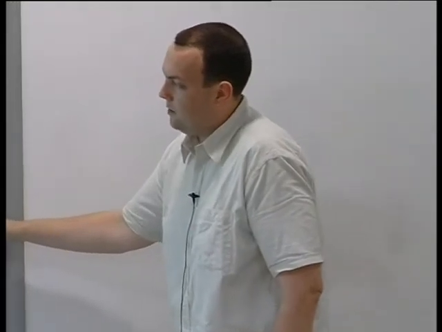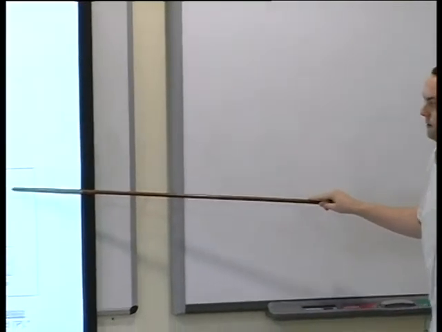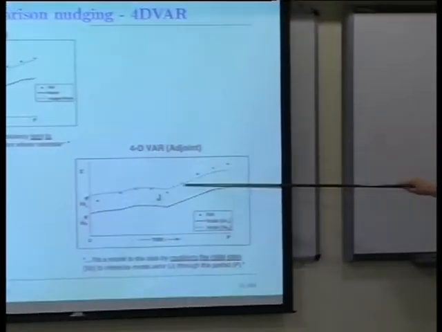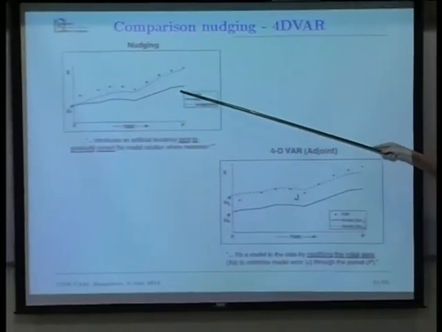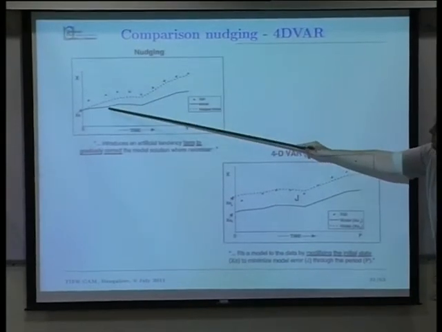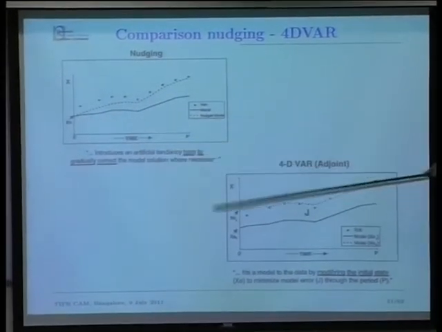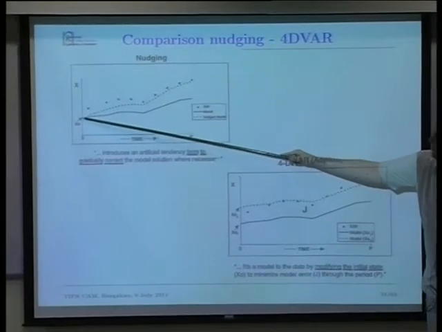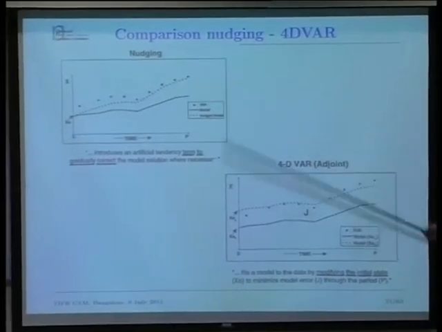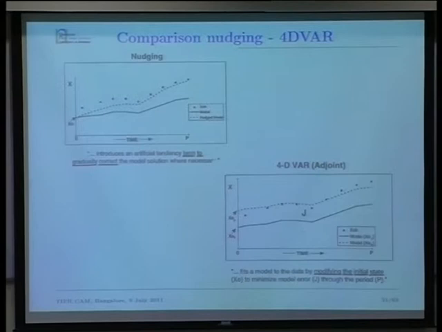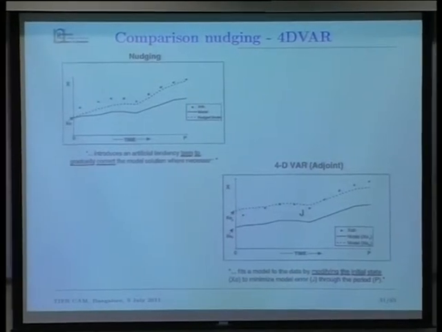In 4D-Var, you try to find a new initial condition to have the best possible state, the solution which is close to the observations. Whereas in nudging, you start from the same initial condition and you correct the model and try to get the solution converged towards the observations.